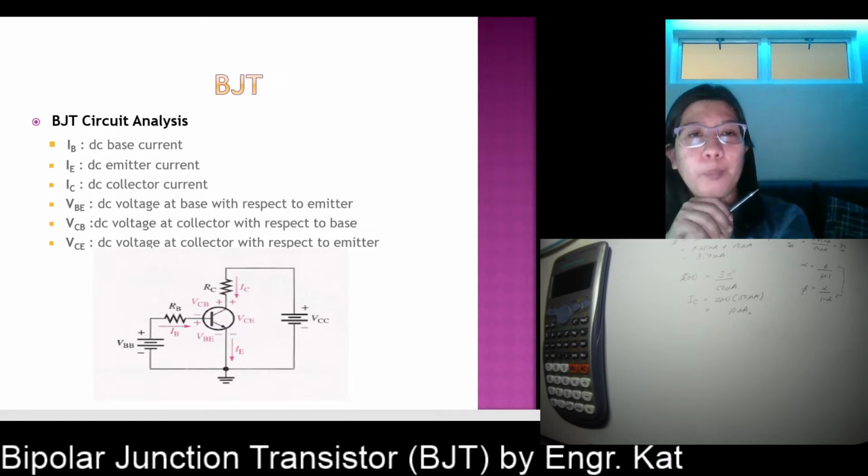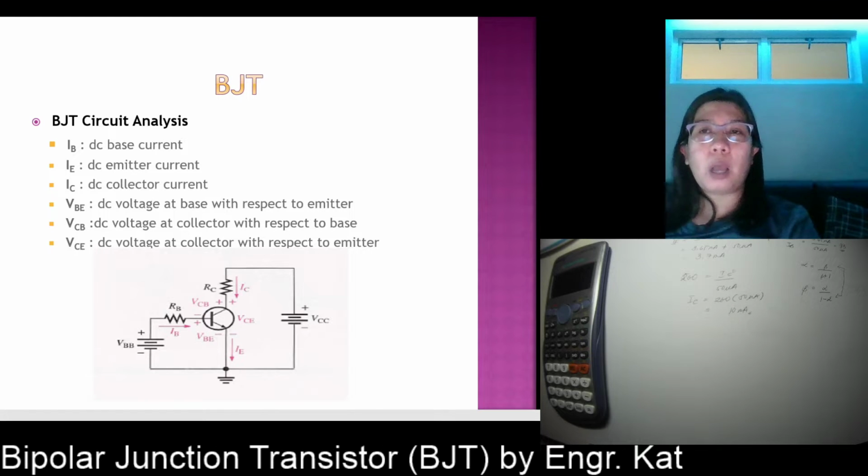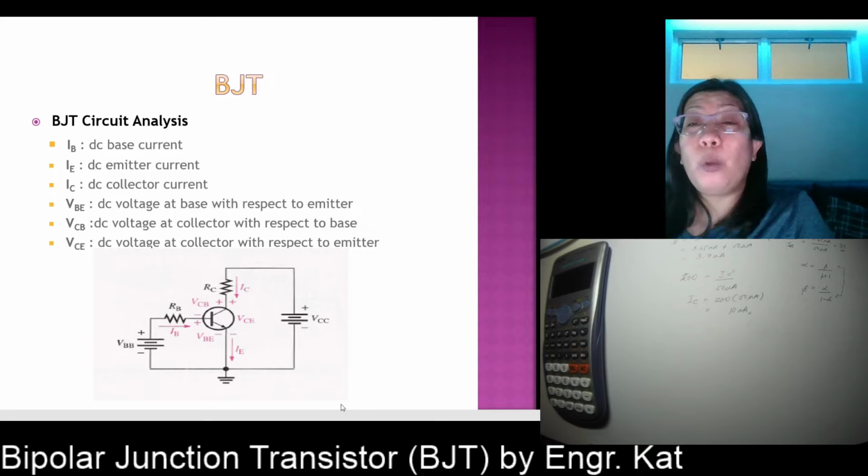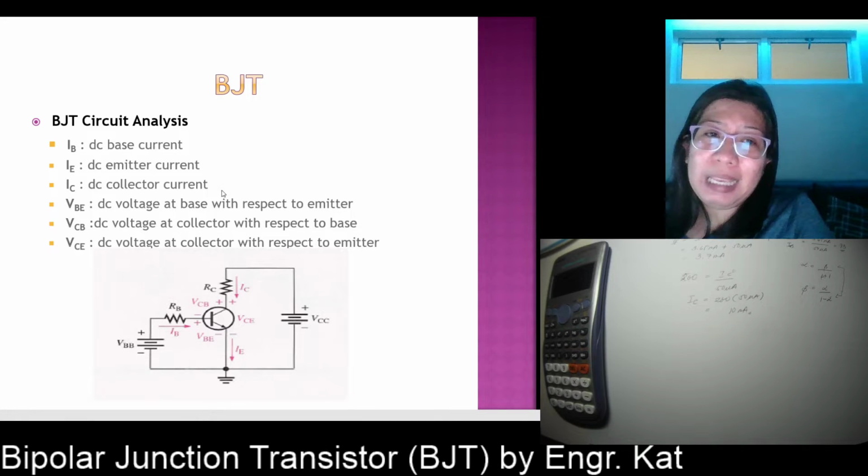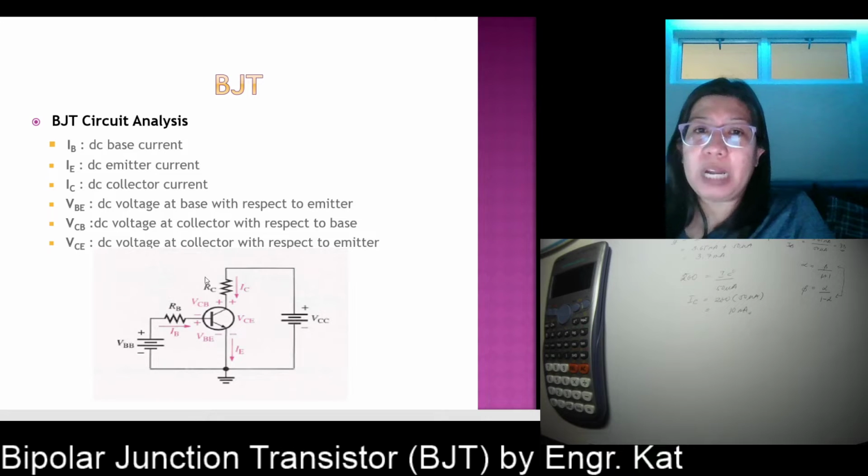Okay, to start with our analysis, we have here the BJT circuit analysis. What do we usually look for in a BJT circuit analysis? We usually get the value of these parameters.